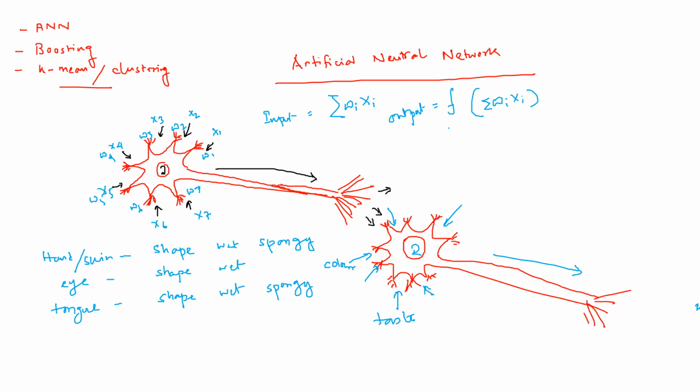Now this transformation can be of different types. We do not know exactly what transformation function a neuron uses, so we use different kinds of transformation functions in real life situations.